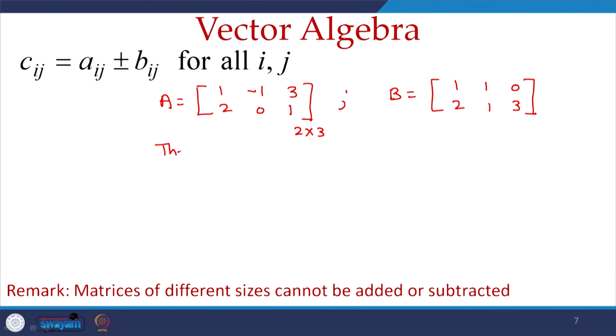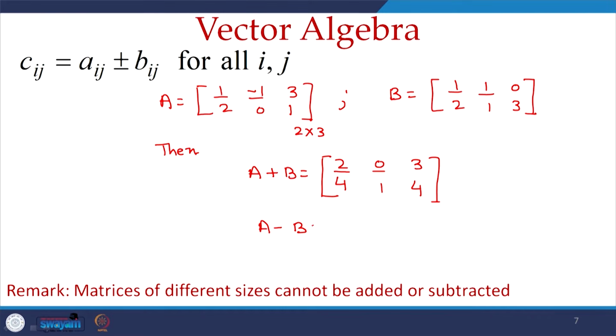Then A plus B equals [2, 0, 3; 4, 1, 4]. How is this 2 coming? 1 plus 1. How is the 0 coming? Minus 1 plus 1, and so on. So I am adding the respective elements of A and B.